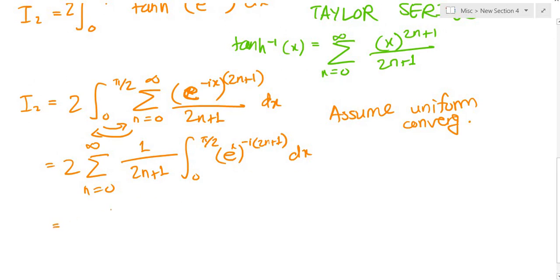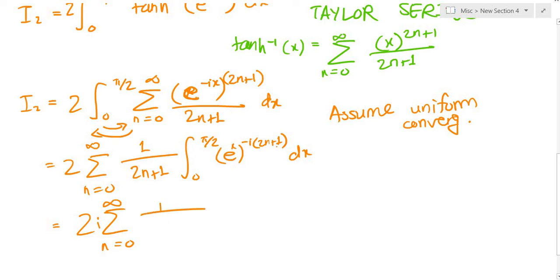So integrating that, we obtain 2 times the sum from n equals 0 to infinity of 1 over negative i, which becomes a positive i in the numerator.